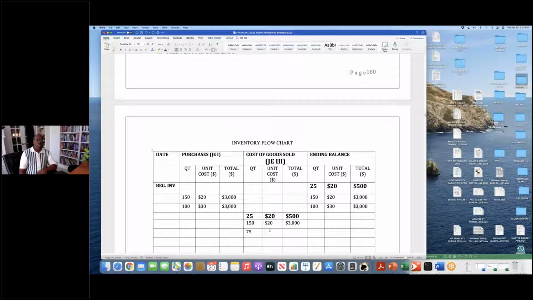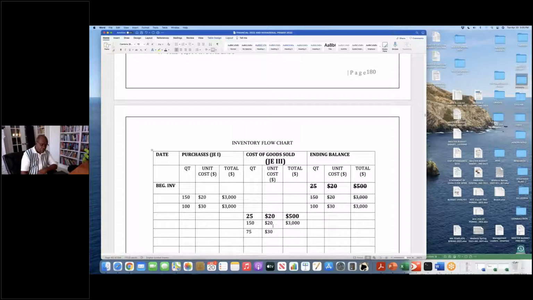So those are gonna come in here, what? 30. So we sold all of these. And we sold all of these. But we still got to get 75 more so that the total quantity sold is 250.